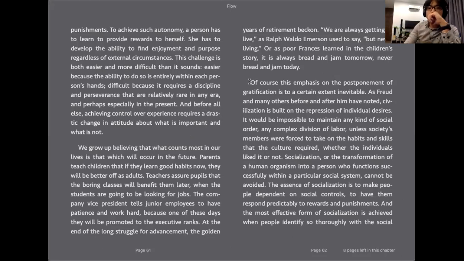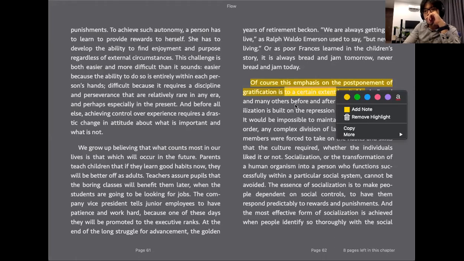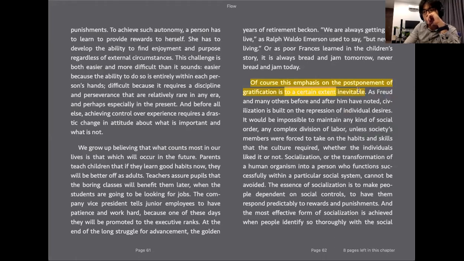So for example, this sentence. It is not a complex or compound one, it's just a simple one. "But this emphasis on the postponement of gratification is to a certain extent inevitable." The use of "to a certain extent", and they put it in the middle of "is inevitable".